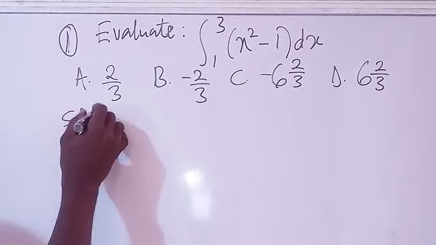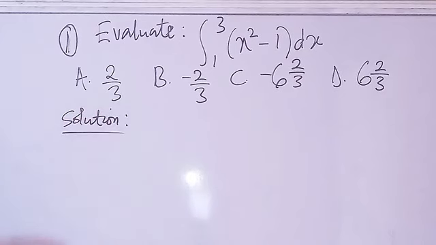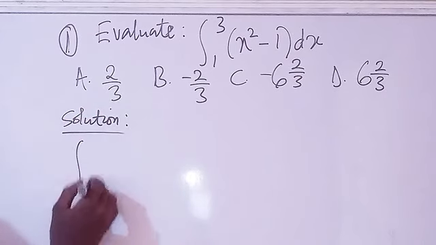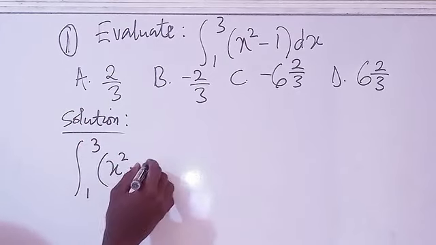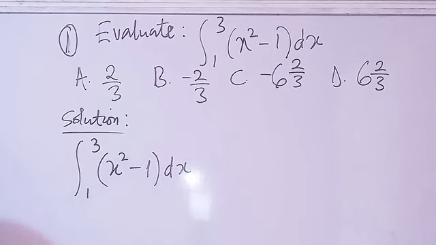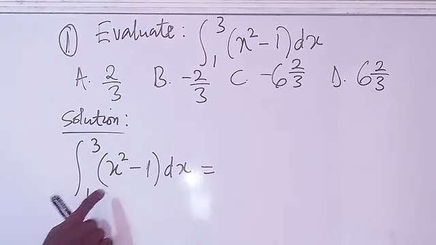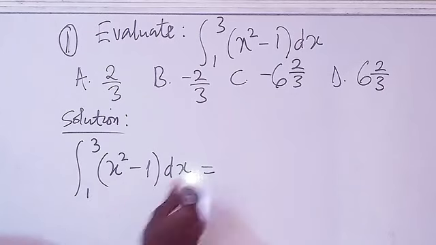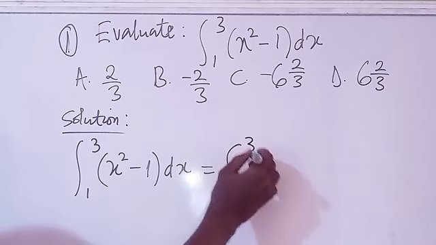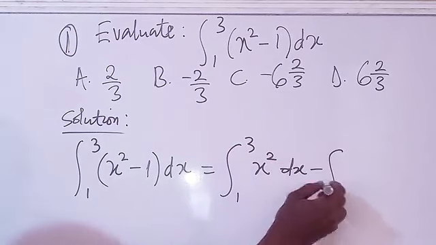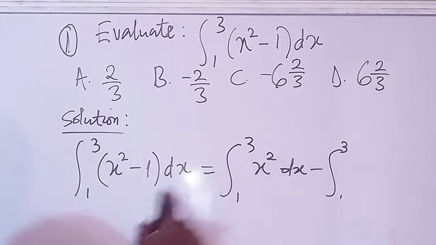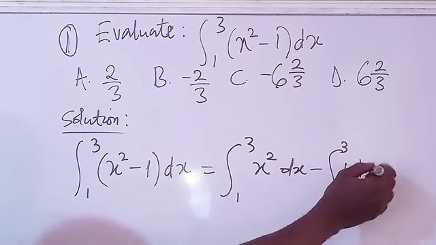Now the solution. I have the integral ranging from 1 to 3 of x squared minus 1 dx. To do this, we are going to integrate each of the terms separately: the integral from 1 to 3 of x squared dx, minus the integral from 1 to 3 of 1 dx.